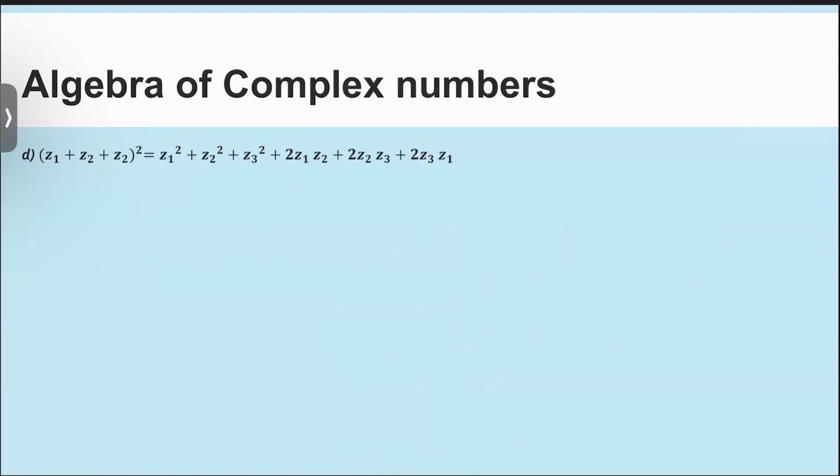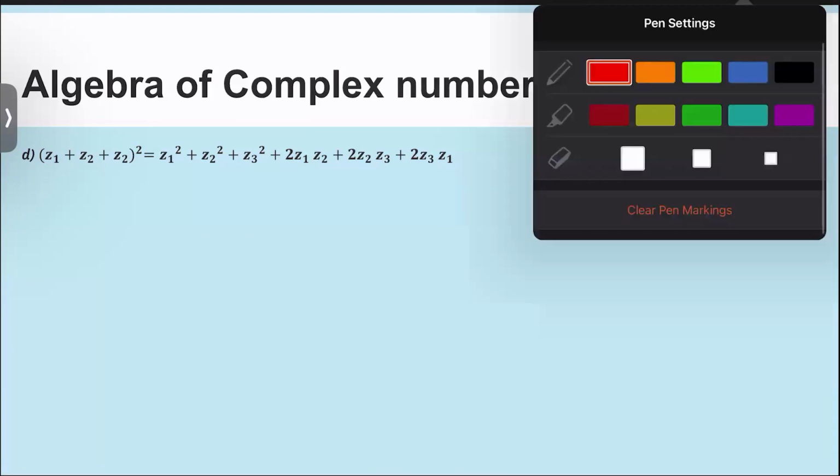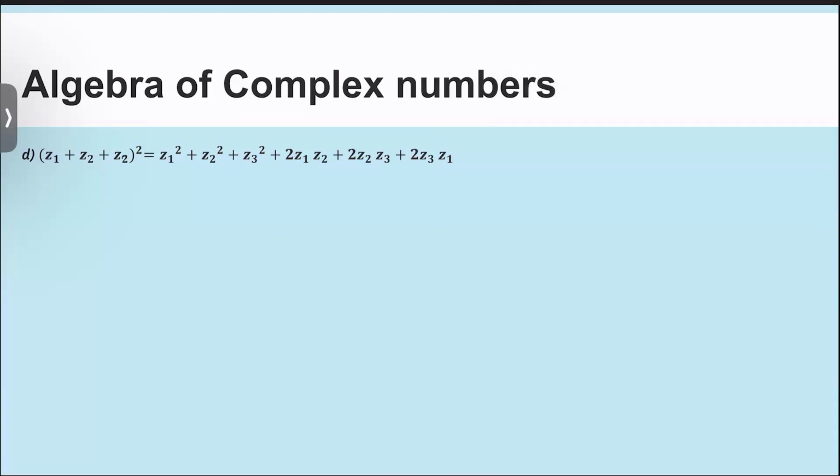Okay. Now let's see something a little different, where we are introducing a third complex number. Okay, so actually this will be Z3. Okay, so now let's see how we can prove this.